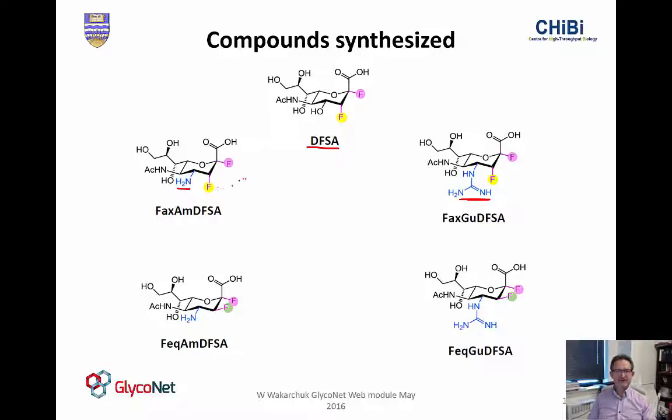So a series of these compounds were made and tested, and to make a long story short, it turns out that the compounds that have the equatorial fluorine at the 3 position seem to function better than those that have the axial conformation.